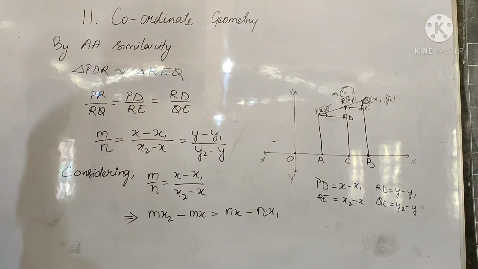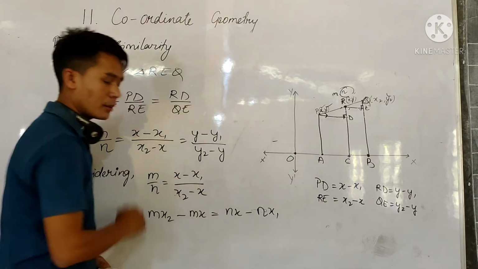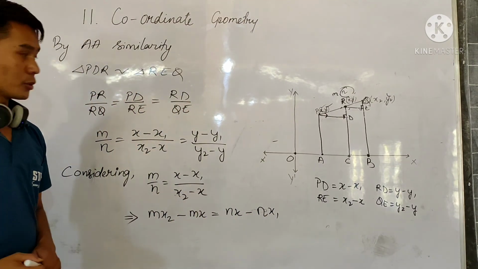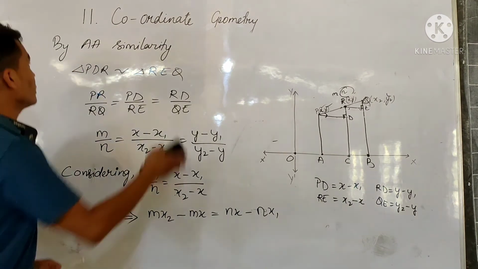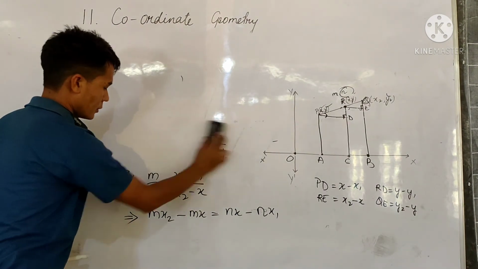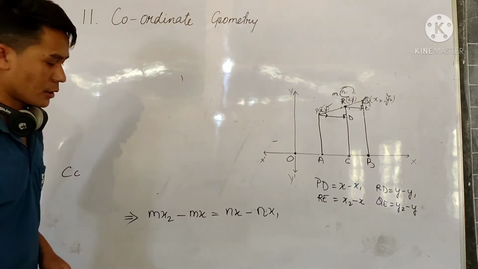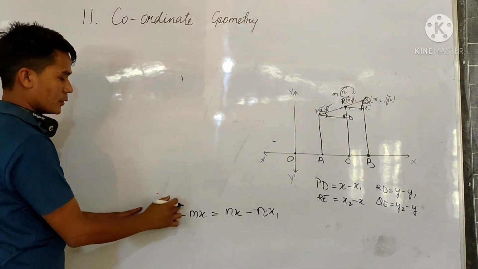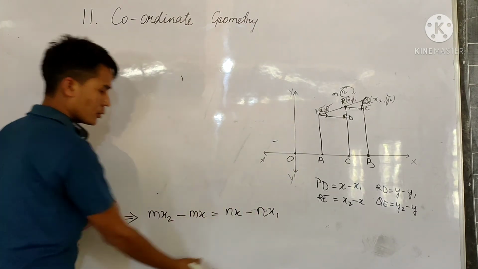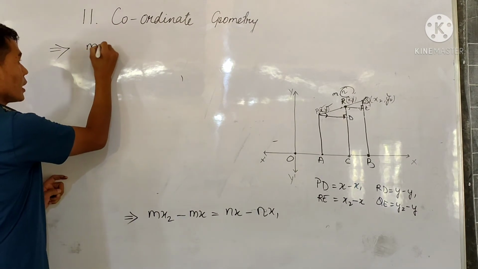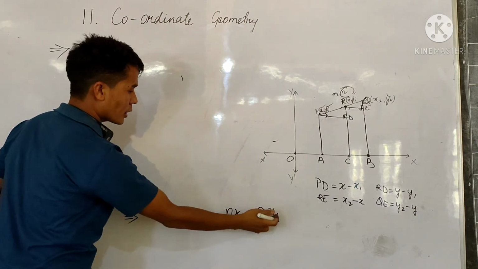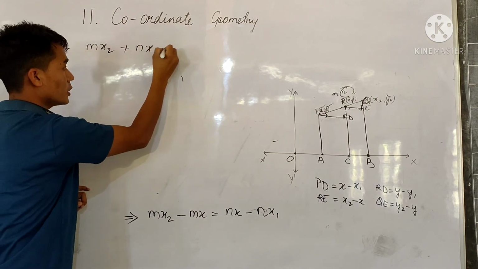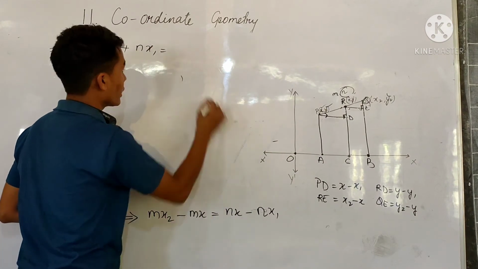Now keep the x terms together, and the x1 and x2 terms together. Transfer this negative term to the right-hand side and this negative term to the left-hand side. So we will get mx2 plus nx1, if it is transferring to the left-hand side it will be plus, equal to mx plus nx.